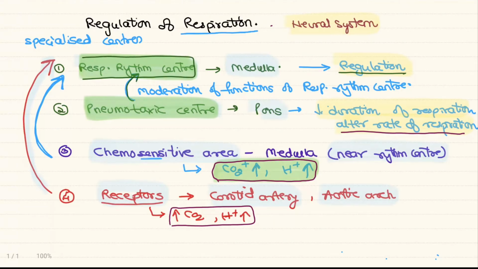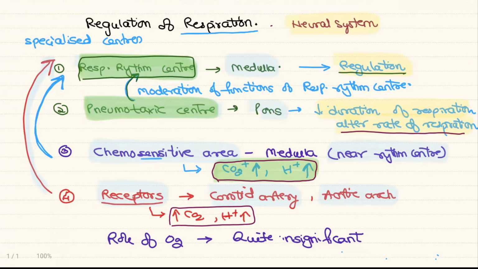So now you can understand in the whole process, the role of oxygen in maintaining the regulation of respiration is quite insignificant. Our respiration rate is mainly maintained by the concentration of CO2 and H+, and the role of oxygen is quite insignificant. So I think this topic is clear.